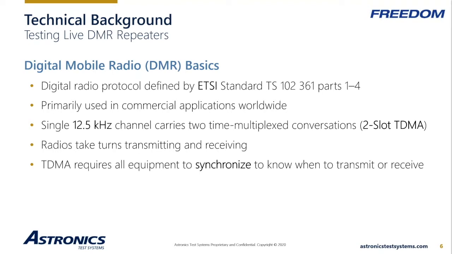DMR and P25 Phase 2 both use two-slot TDMA in a 12.5 kilohertz channel, while NXDN uses discrete 6.25 channels using frequency division, and Tetra uses a 4-slot TDMA in a 25 kilohertz channel.